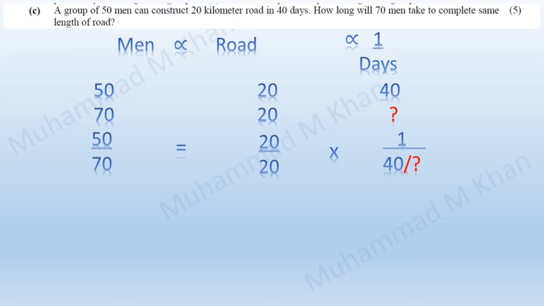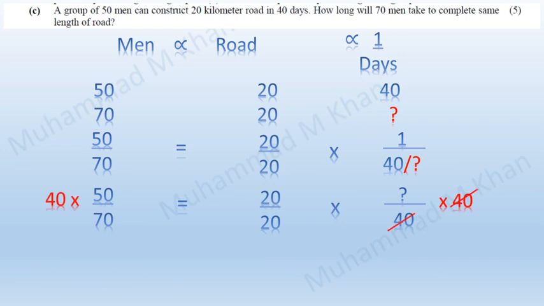So we know that the denominator of a denominator becomes the numerator. So we can rearrange 1 over 40 over question mark as question mark over 40. Multiplying both sides with 40, this 40 will be cancelled out with each other. This 20 can also be cancelled out as 20 ones are 20. So 40 into 50 is 2000.